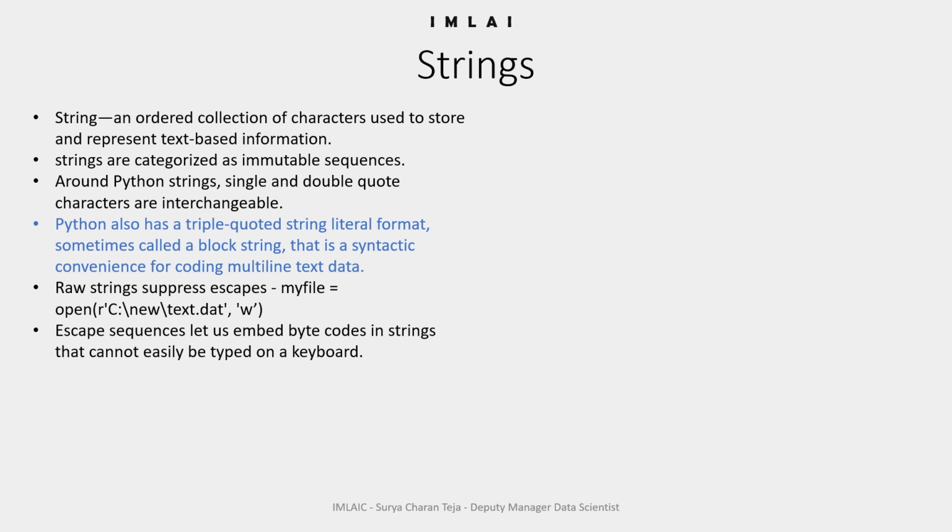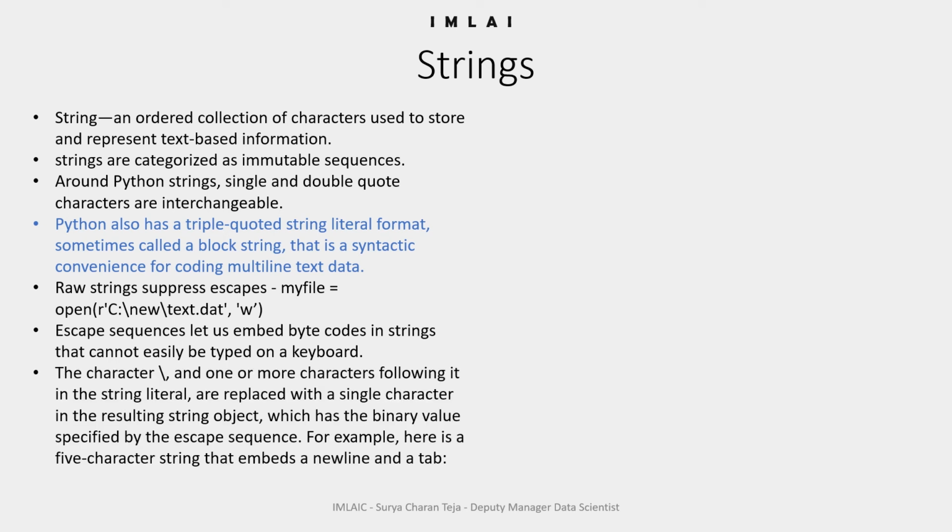An escape sequence lets us embed byte codes in strings that cannot easily be typed on a keyboard. For example, normally the backslash character and one or more characters following it in the string literal are replaced with a single character in the resulting string object, which has the binary value specified by the escape sequence.